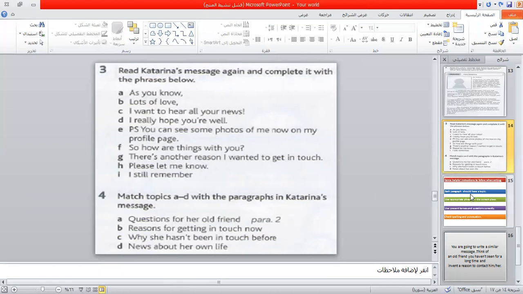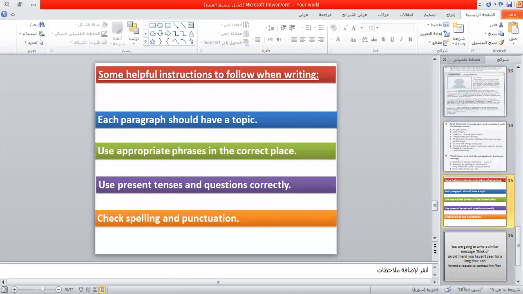After that, I will go with them to these 4 instructions, which are helpful and useful for them before they start writing anything. I will explain each one of these instructions and give them some examples.